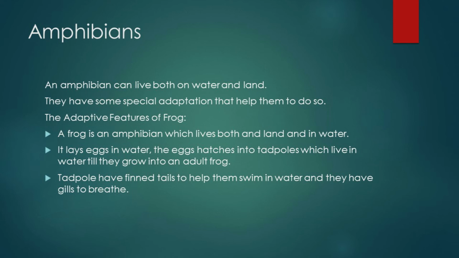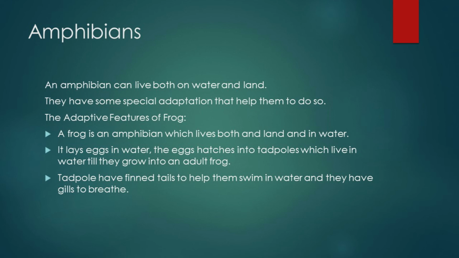So the adaptations of frogs: a frog is an amphibian. It lives both on land and in water. It lays eggs in water. The eggs hatch into tadpoles, which live in water until they grow into adult frogs. Tadpoles have long fin tails to help them swim and breathe through their gills.